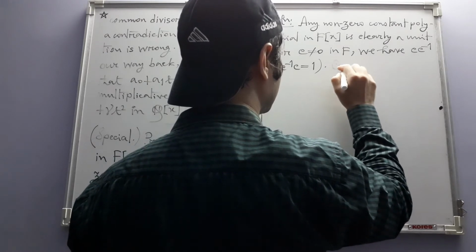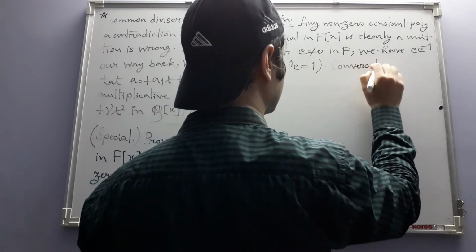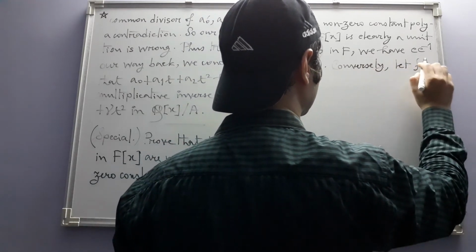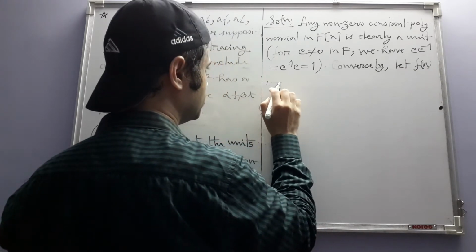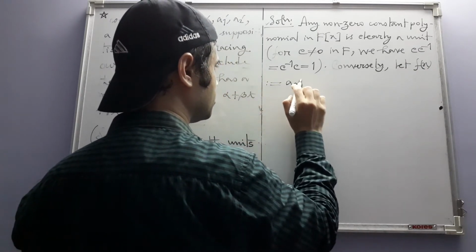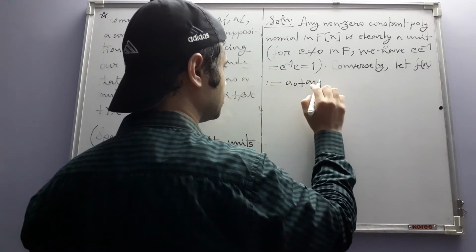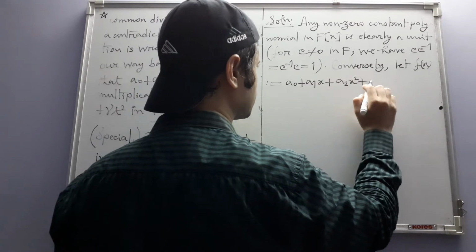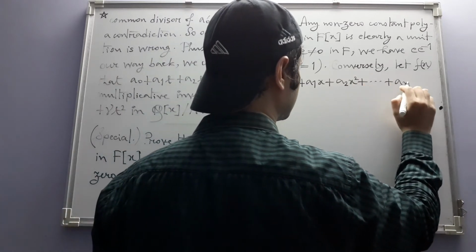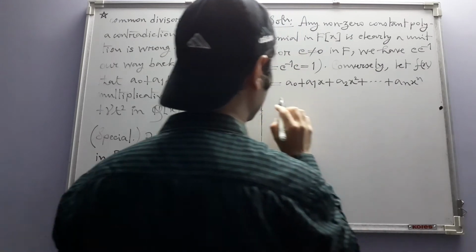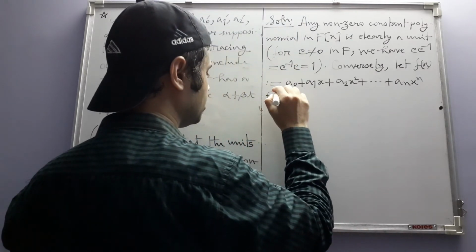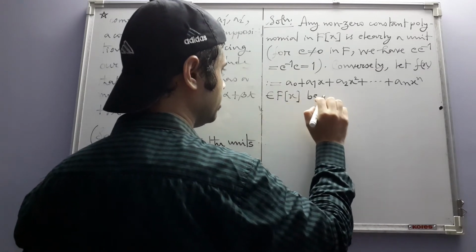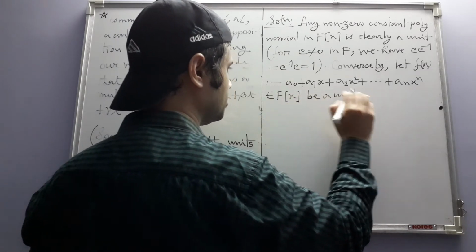Conversely, let f(x) equal to a naught plus a1x plus a2x squared etc. plus anx to the power n in F[x] be a unit.